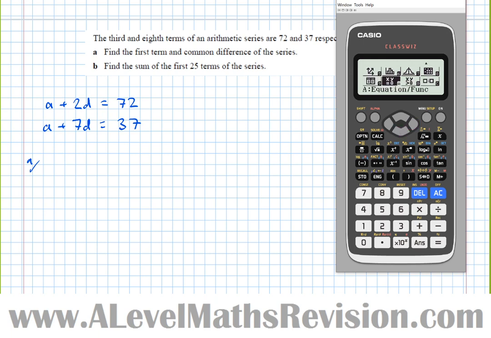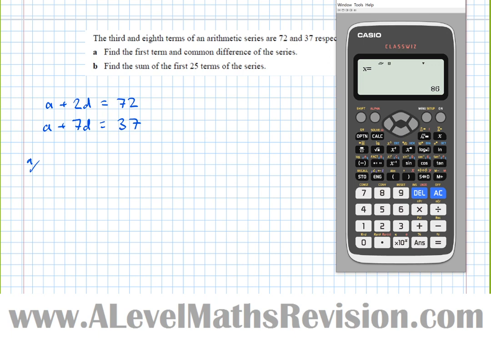So let's take advantage of the fact we've got the calculator: solve the simultaneous equations, 2 unknowns, 1a plus 2d is 72, 1a plus 7d equals 37. As I say, it is fair game just to put those in the calculator and let that solve it for you.